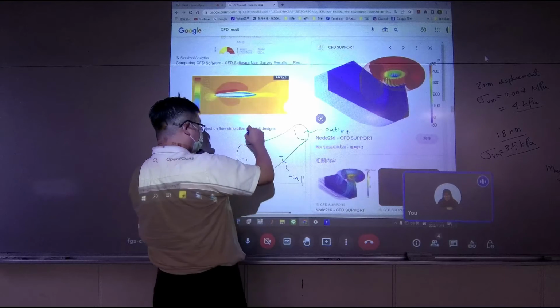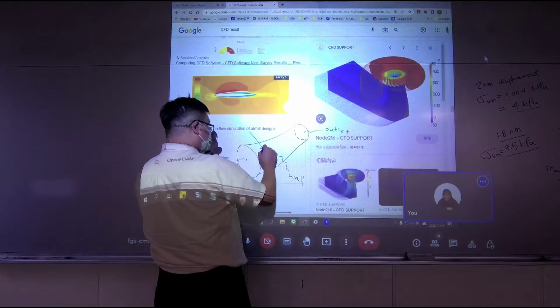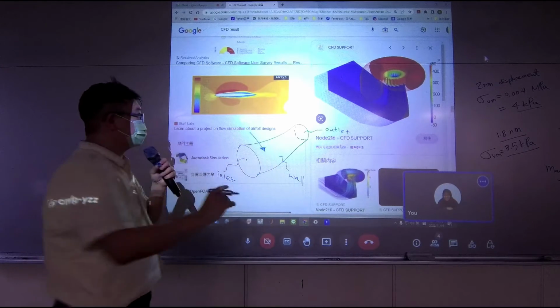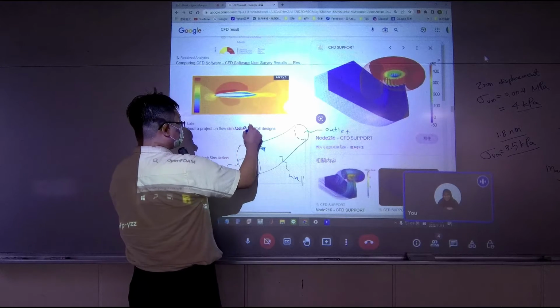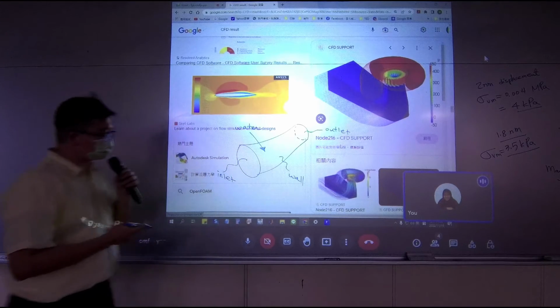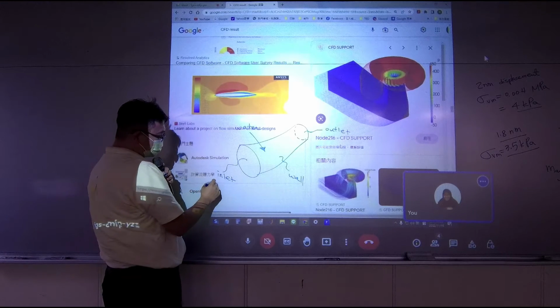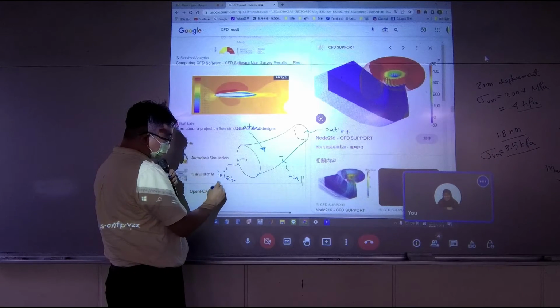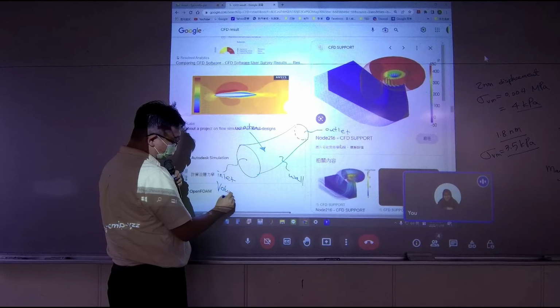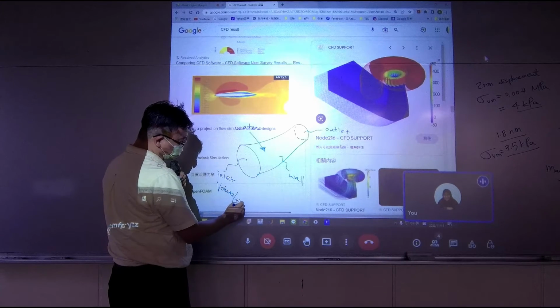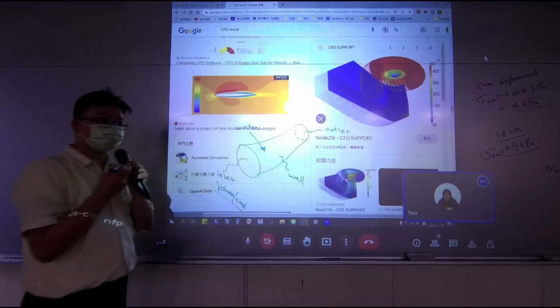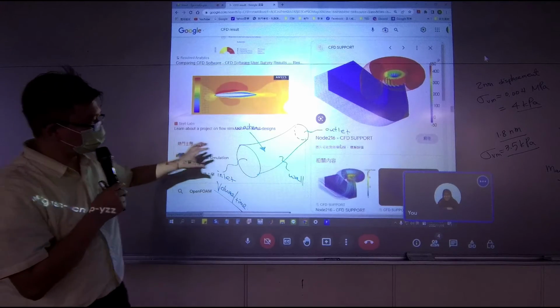And you need to specify what's inside the material, inside the pipe. You can say, okay, this is water. Then for the inlet, you need to specify what is the volume per unit time to represent the speed of the fluid.